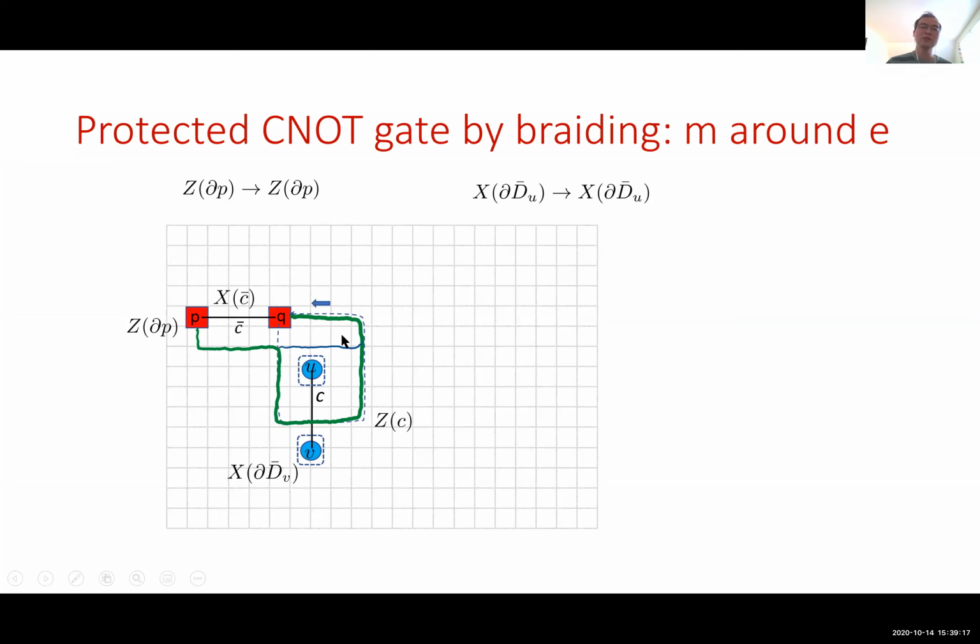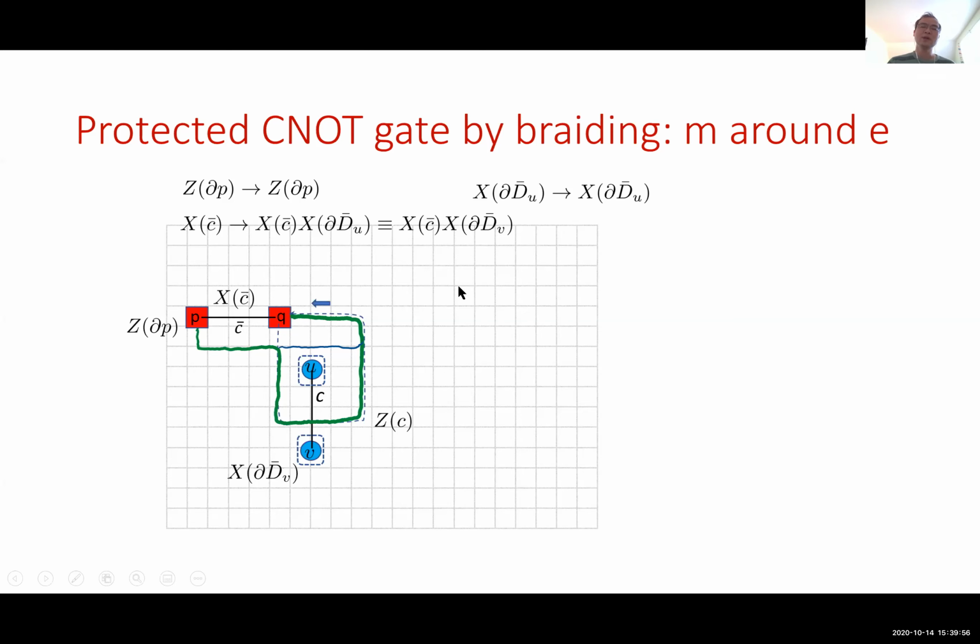Notice that this I use twice, so it cancels. That's why I can deform into this string and a loop. So the effect of that braiding is that the logical X operator on the primal qubit becomes the X operator for that qubit multiplied by the X operator for the dual qubit. Okay, does that make sense?